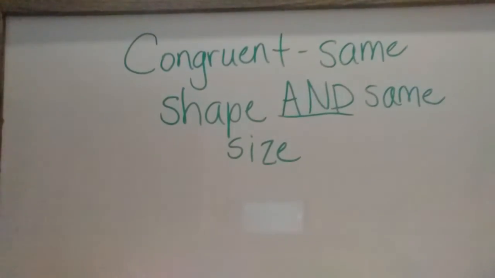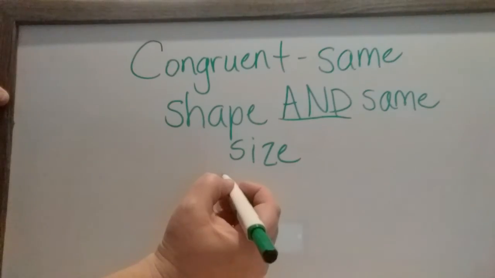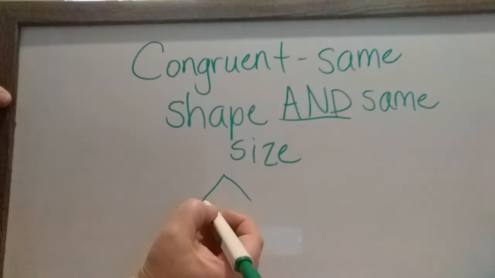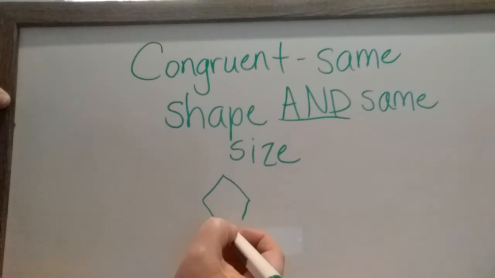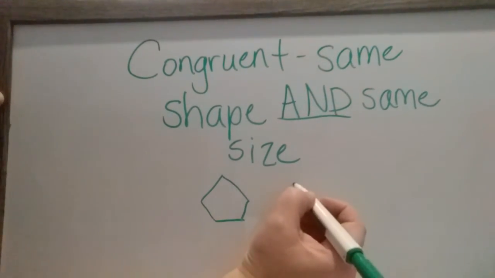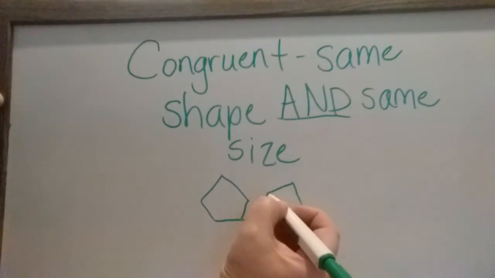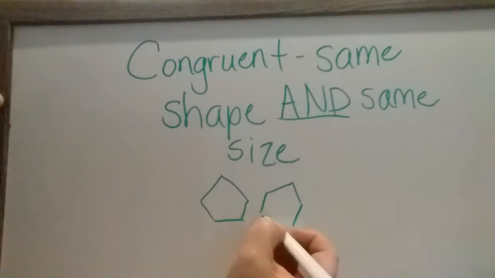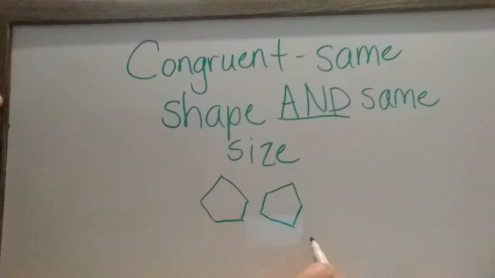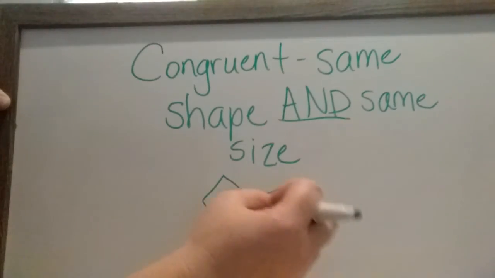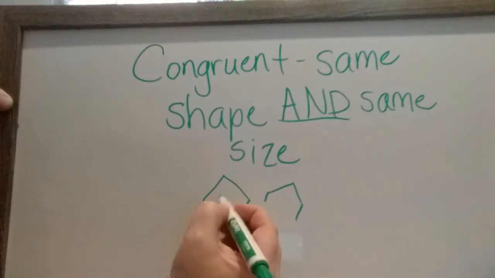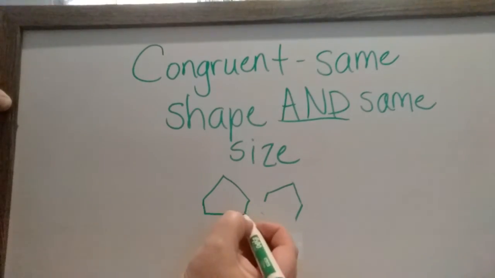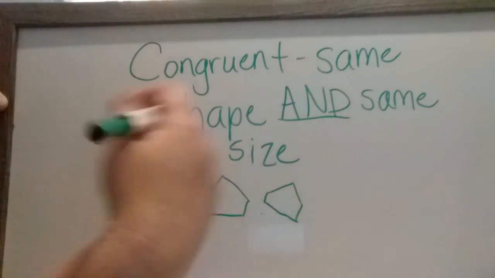So C is the correct answer. C has a pentagon. The only difference is that the second pentagon is turned a little bit. It can be turned as long as it is the same shape. Same shape, same size. Okay? So it can be turned.